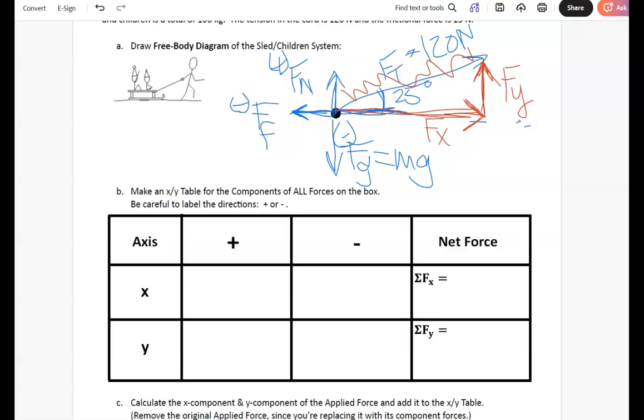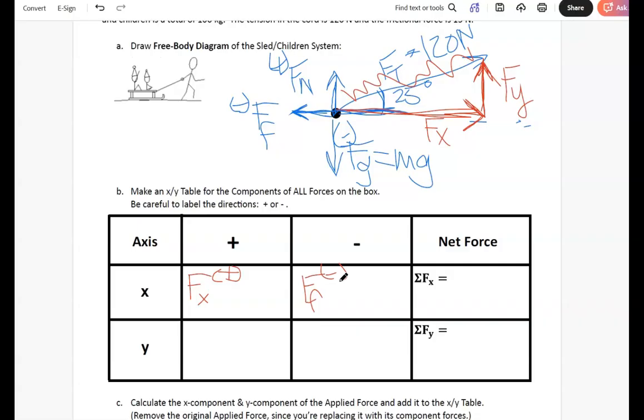Well, for the forces to the right, the only force is the X component of the tension force. And that's obviously in a positive direction. And the only force in the horizontal direction pointing to the left is the frictional force.